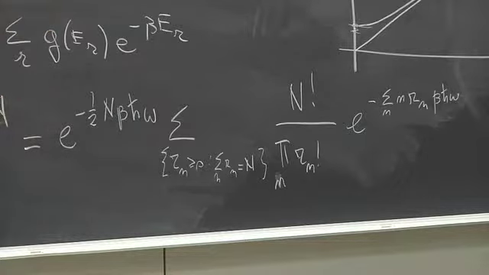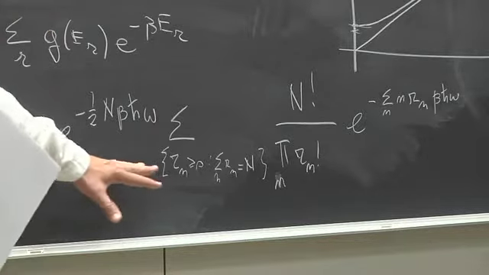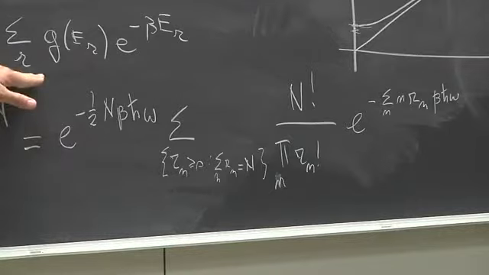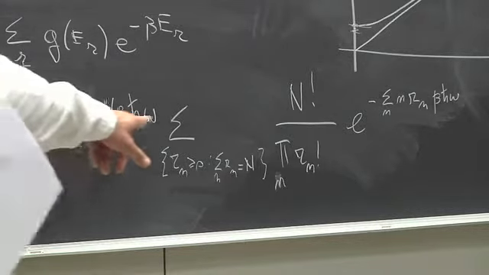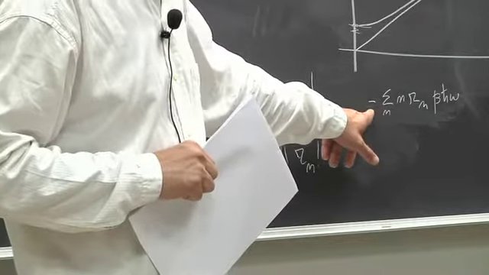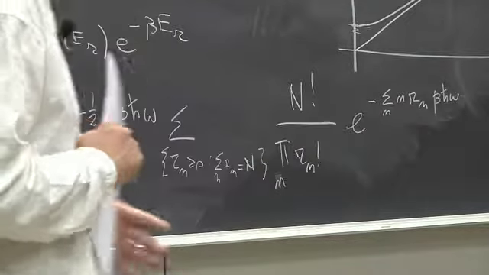Now you see, this is already in the form of a sum over energy levels, because here I have e to the minus beta times something, and here I have e to the minus beta times something.